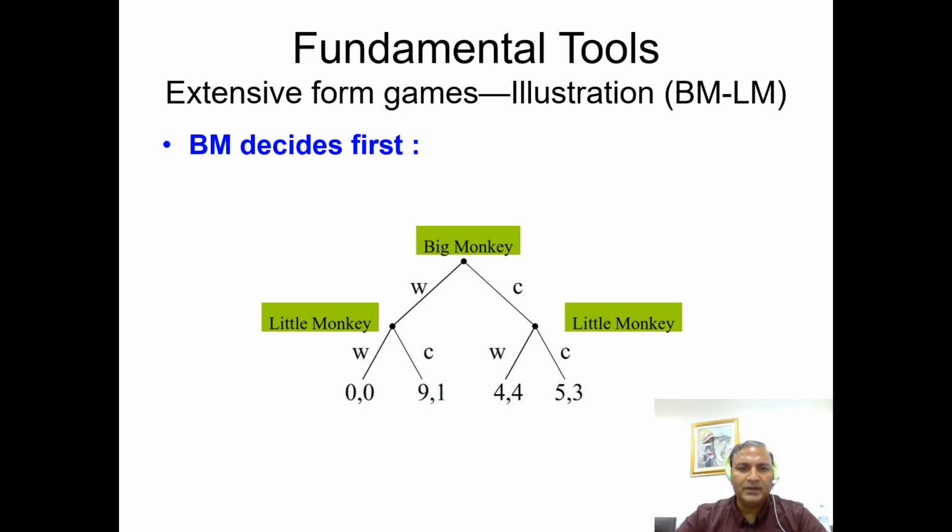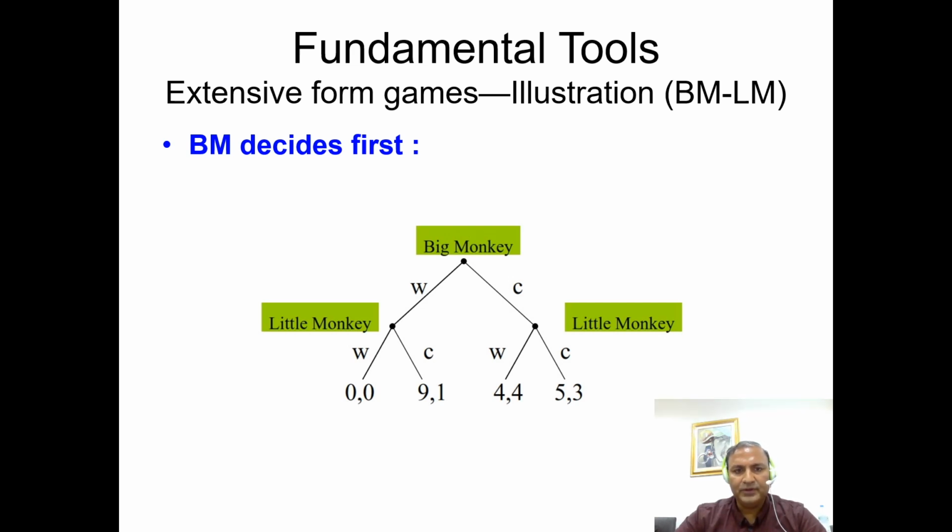And if little monkey decides to wait, then the payoff to both players will be equal to 0, 0. Why? Because both monkeys are not climbing up the tree, they are waiting for each other. So in this case, the fruit will not come down and their payoff will be equal to 0, 0. And then in the second situation, the little monkey can decide to climb up the tree.